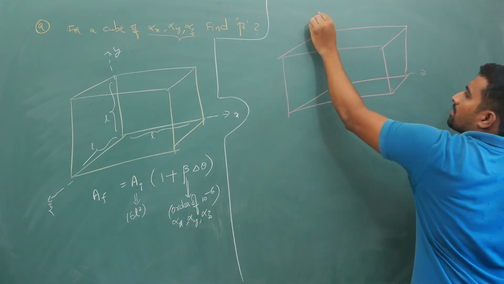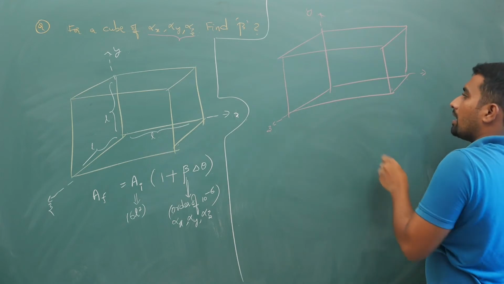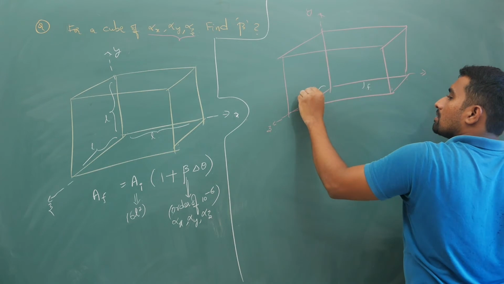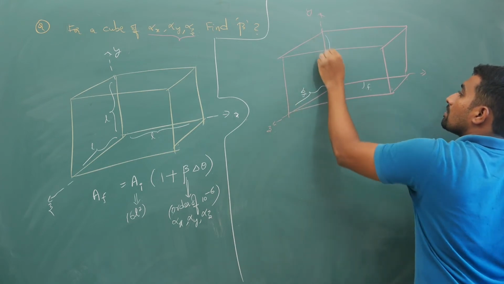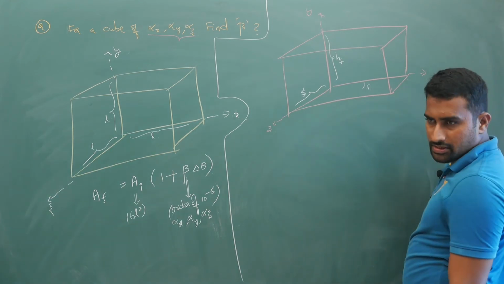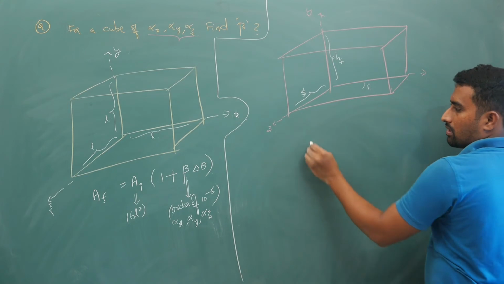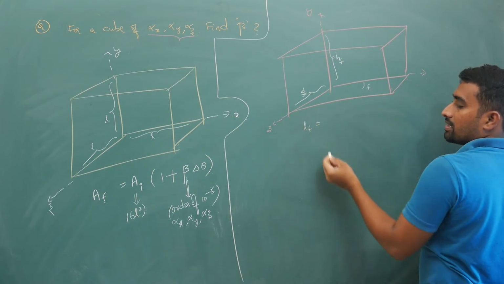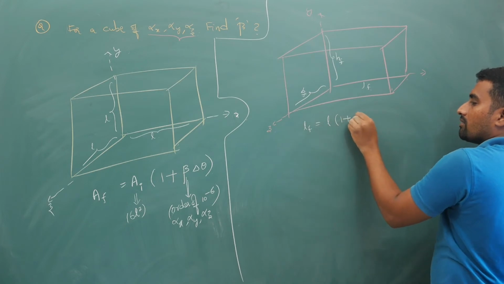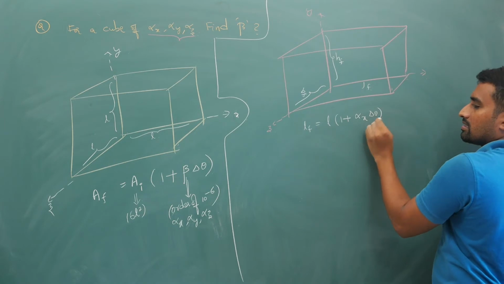So this is x, this is y, this is z. I will write these as L final, B final, H final. After all it is LBH. So for each side, the final length L final is L initial, that is L, times 1 plus alpha x into temperature difference delta theta.